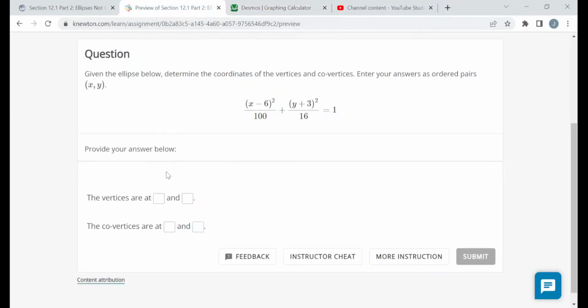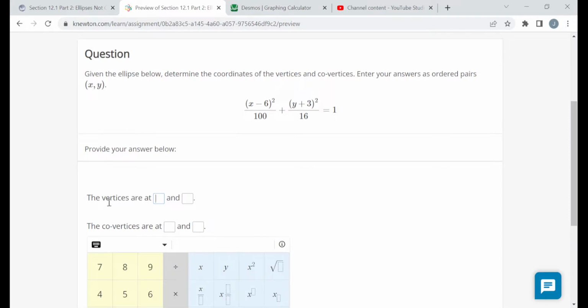Wonderful. And pay attention to what's what. Remember, vertices are the end of the major axis. Co-vertices are the end of the minor axis. So you gotta make sure you're putting things in the proper place. So 16, -3 is one of the vertices.